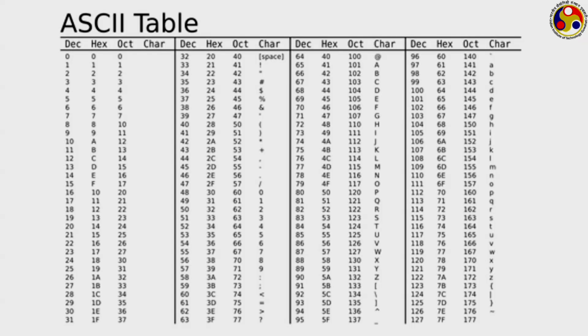Here you can see some very common things, say capital A has been given a decimal number of 65, small a has been given 97, hexadecimal or octal are corresponding representations only. Or some other symbol, say this equal to, that is given the number 61. So, if we want to give this equal to symbol to the computer, it will read it as ASCII character 61, and then using this number we can do whatever we want. This is just an example of doing this.